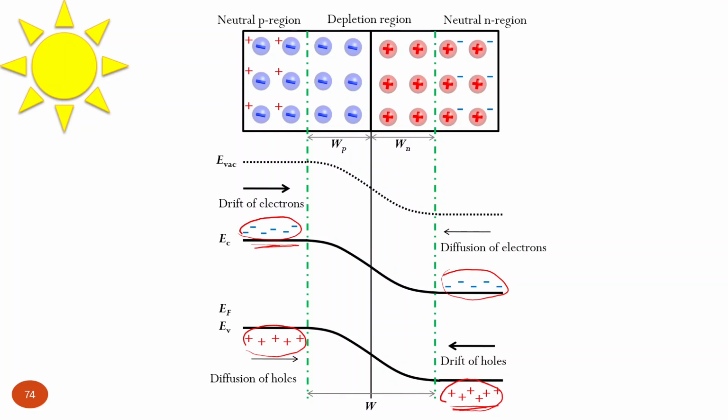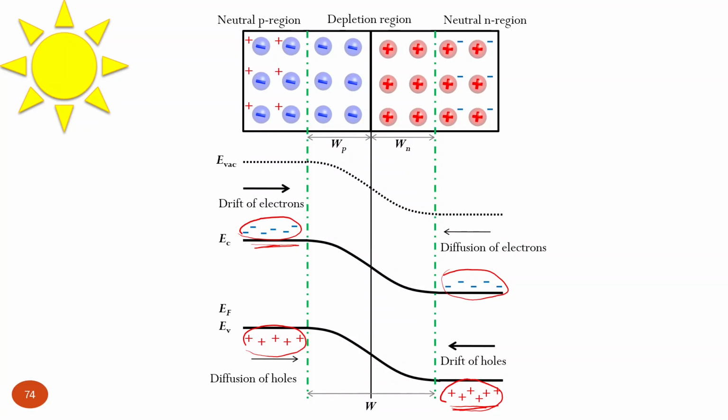So now let us think what will happen if we keep such a p-n junction under open circuit condition. What does drift of a minority carrier through the p-n junction mean?